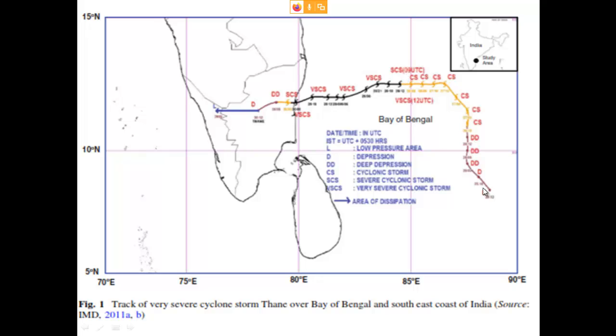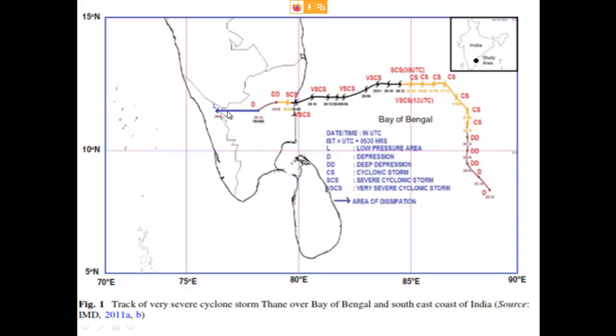So it started with the depression, deep depression, then cyclone storm, then it moved to a severe cyclone storm and very severe cyclone, and it starts to hit. Once it hit, again it comes down, so it becomes a severe cyclone storm, then depression, and finally low pressure when it touched Kerala.